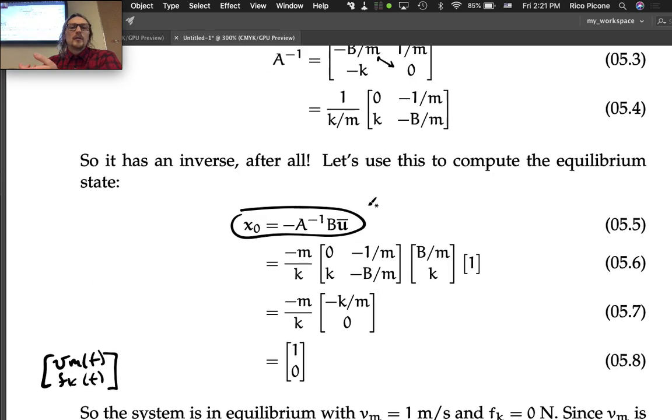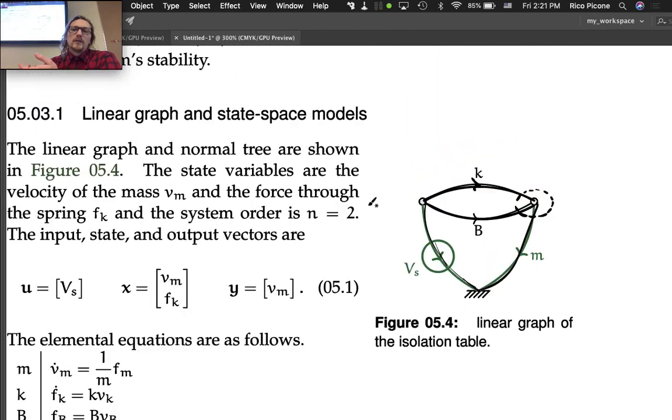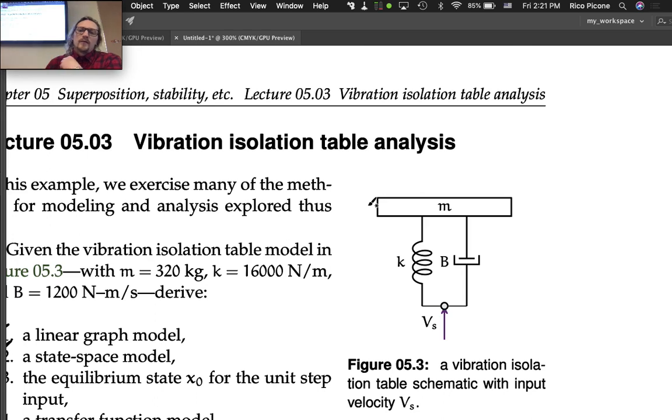If we want equilibrium, what we need is, if Vs is going 1 meter per second, then Vm has to be going 1 meter per second for there to be equilibrium. And that sounds like an equilibrium state, right?